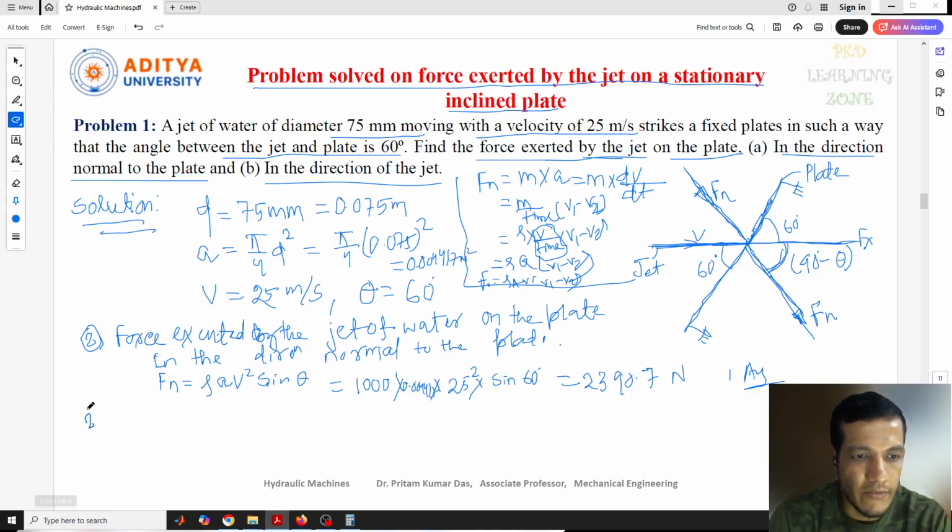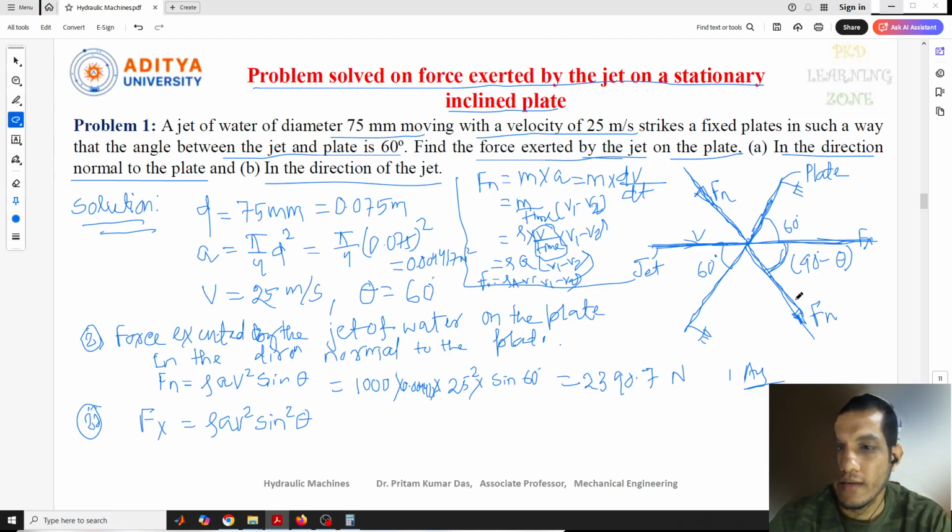And the second concept is we need to find out the force in the direction of the jet. So in the direction of the jet is nothing but this is Fx. So Fx equals, here also we know the formula, this is rho A V square sine square theta. Here, if we resolve this Fn in the x direction, then we can write Fn into cos of 90 minus theta, that is sine theta, multiplied by sine theta.